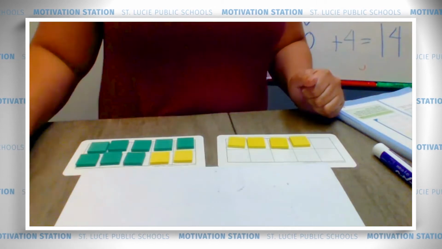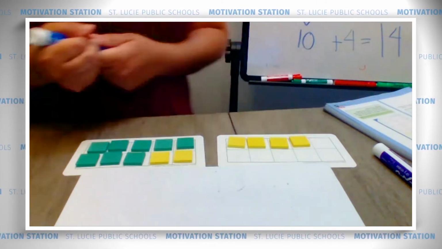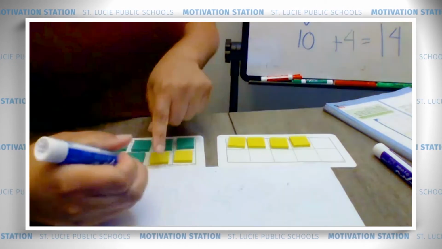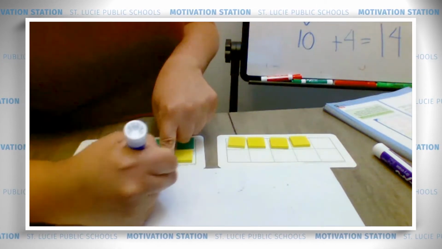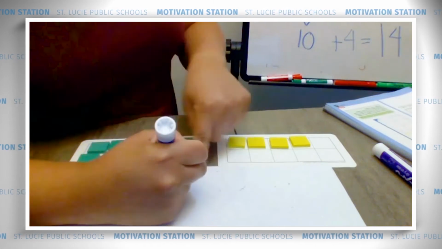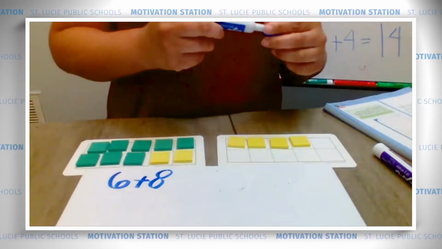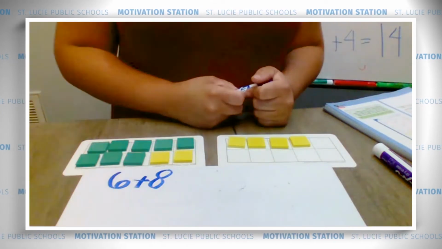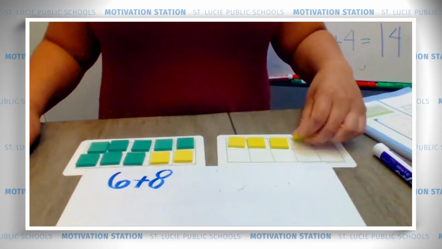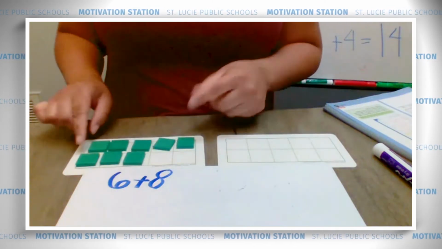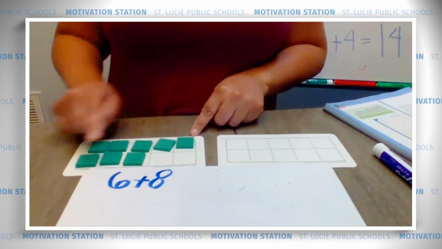Suppose the problem was 6 plus 8. Initially we had 8 plus 6. We're going to flip that around. 6 plus 8. Do you think we would get the same answer? Let's see. If I start with 6 green tiles, 1, 2, 3, 4, 5, 6.